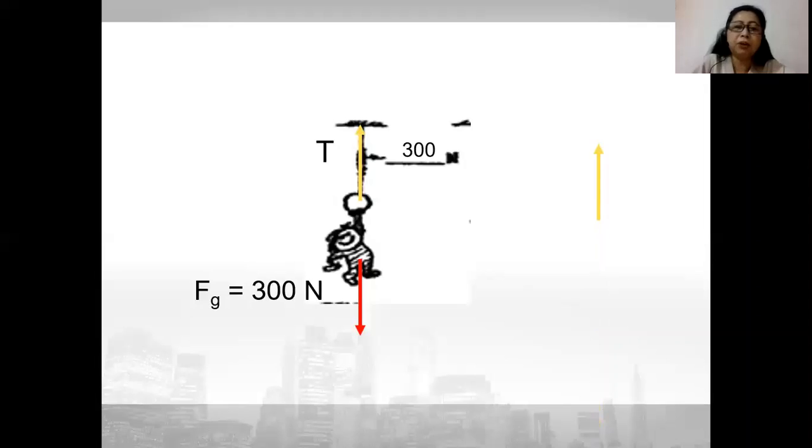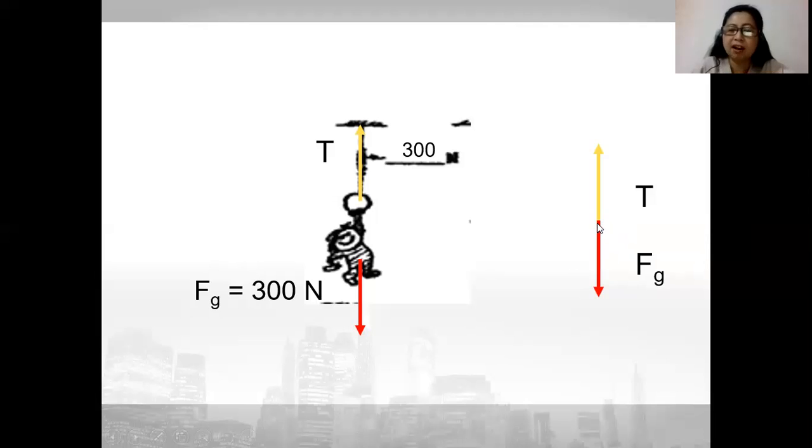Now, if you represent the tension force and the gravitational force in terms of a force diagram, you will draw the tension force and the gravitational force from the same starting point and label them with the corresponding force, T and F sub G. So this is an example of a force diagram or a free body diagram.